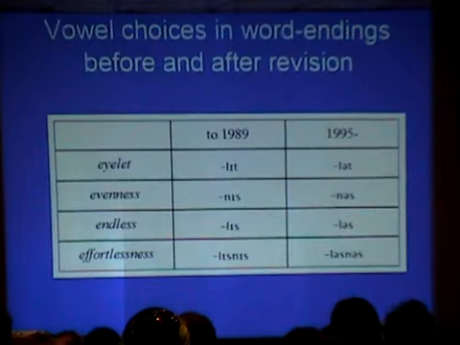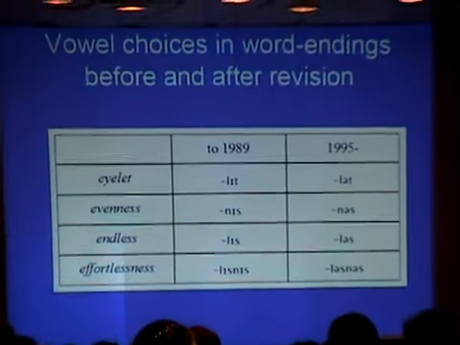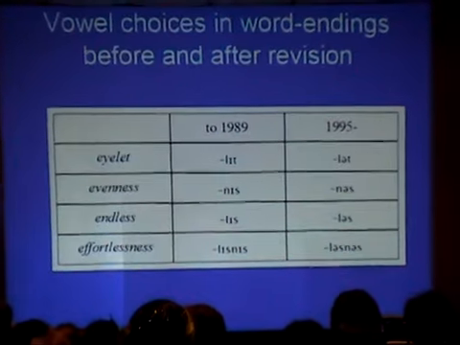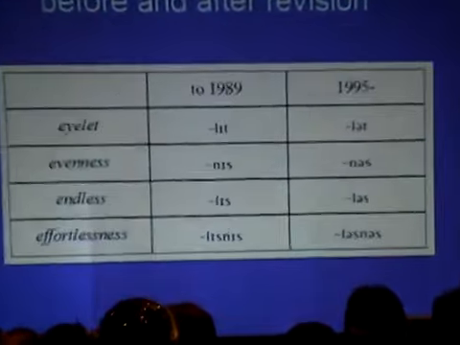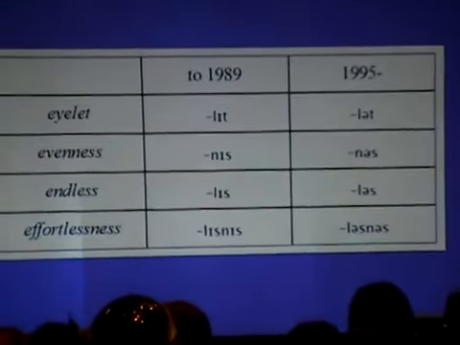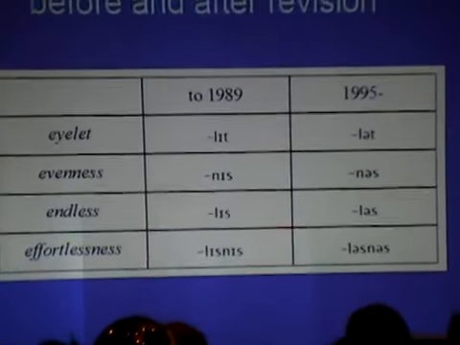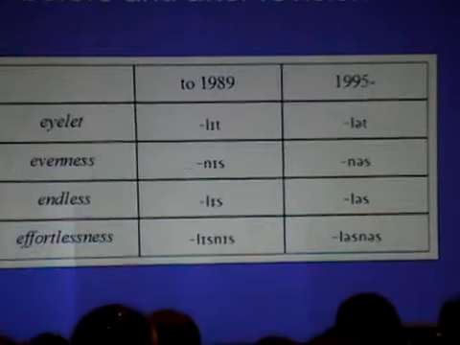Many of the changes I made to the dictionary in the revision of 1995 concerned the vowels of unstressed syllables. Until that revision, the dictionary had been rather conservative in retaining I in many syllables where schwa is now definitely preferred.